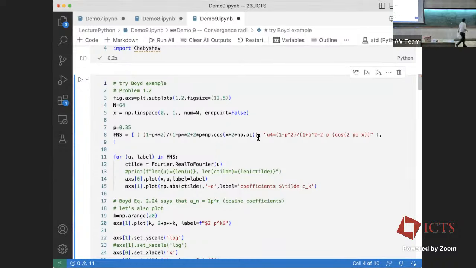It's basically the same as this Lorentzian, but the example that I'm using now in the slides is Boyd equation 2.24. He calls it the function lambda of x comma p, and this can be written in three different forms, curiously enough.